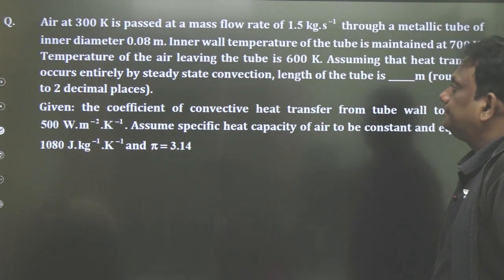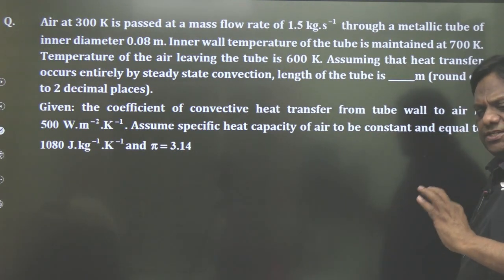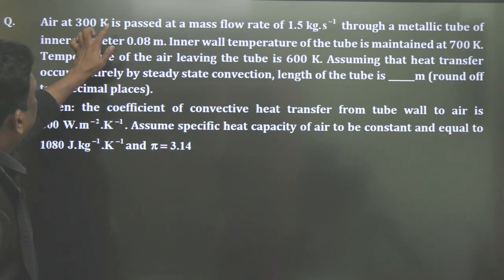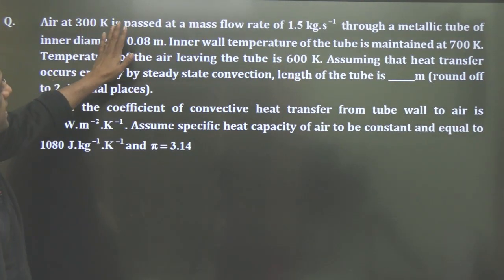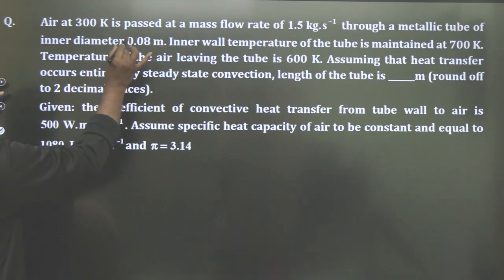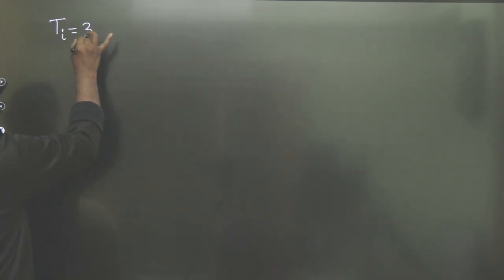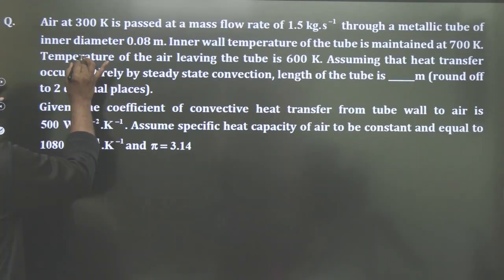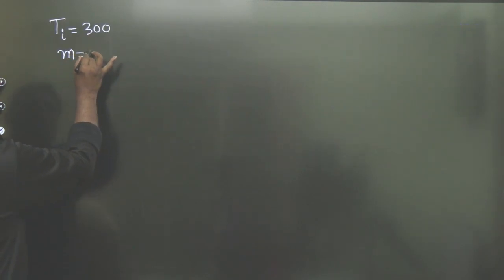Read this question. Relax, no tension. Let's do it very neatly. Air at 300 Kelvin is passed at a mass flow rate of 1.5 kg per second to a metallic tube. The inlet temperature of air is 300, and the mass flow rate of air is 1.5 kg per second.